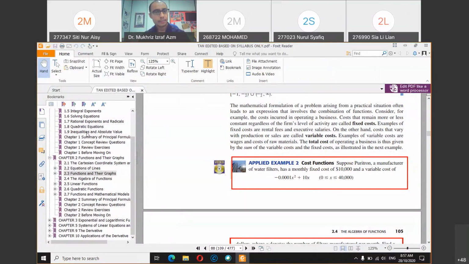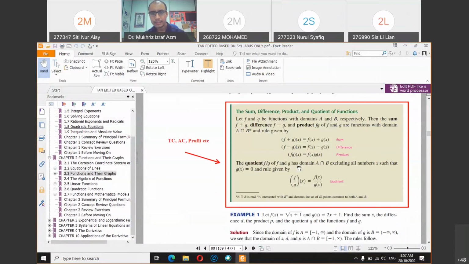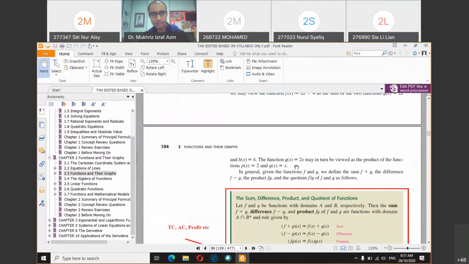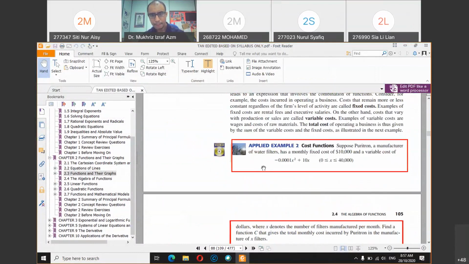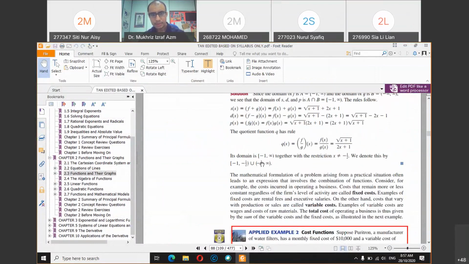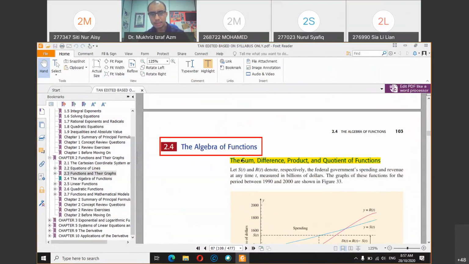On this topic here, under the subtopic of, I think this is under 2.4, the algebra of functions.